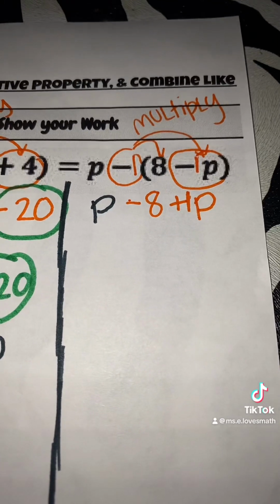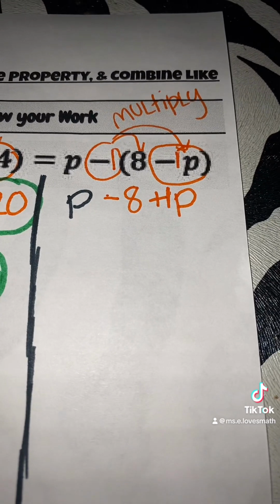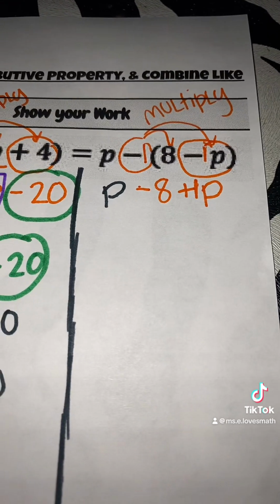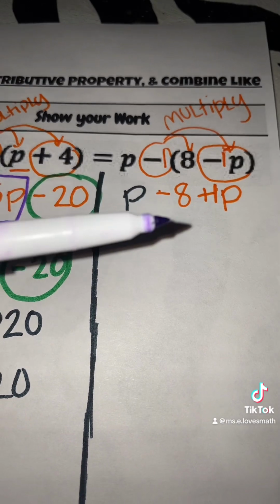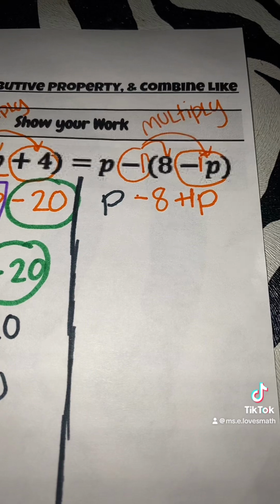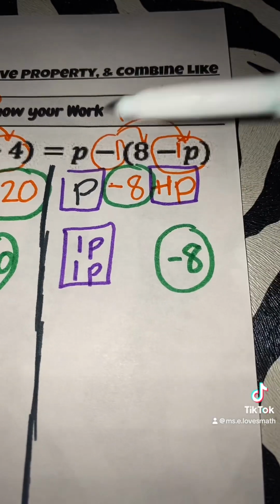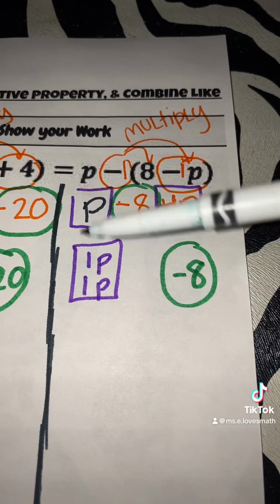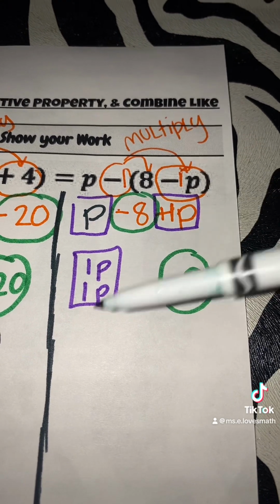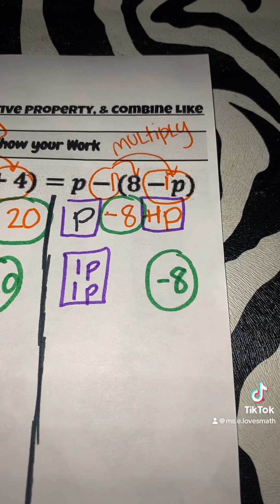Now we bring down our p that's in front just as we did before, and we have p minus 8 plus 1p. We have to combine like terms before we can do anything else. Here we have our p, which has a 1 in front of it, and our other 1p in our purple, and then we have our negative 8.